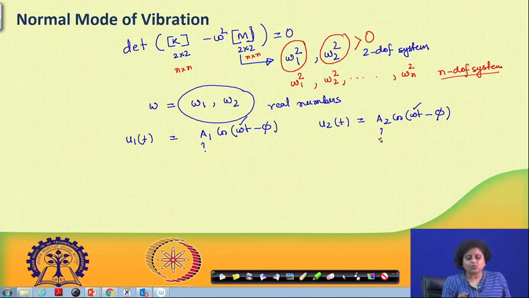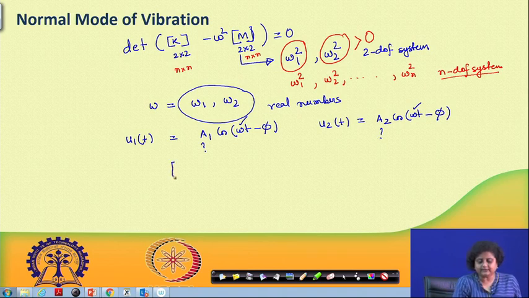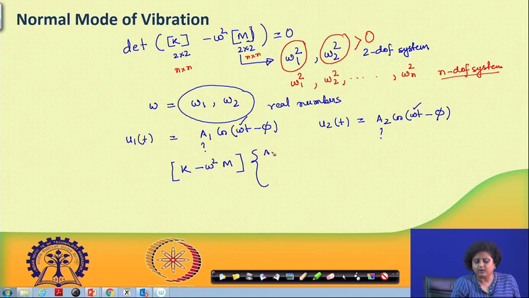Once we determine omega, we can say that k minus omega square m, multiplied by A1 and A2, is equal to 0.